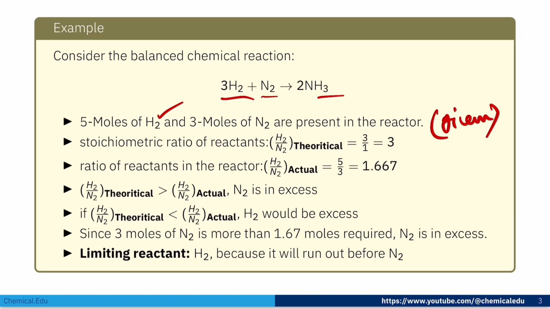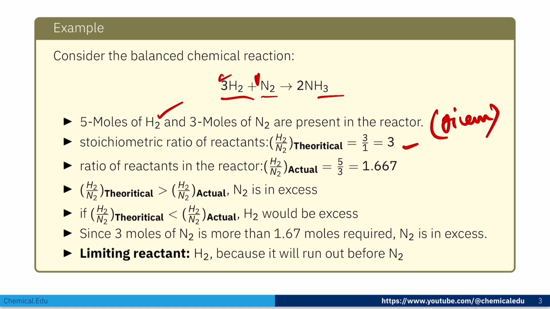Now, if we calculate the stoichiometric ratio of the reactants, hydrogen and nitrogen, this is the stoichiometric amount. So, H2 by N2 theoretical will be 3 by 1, so that is 3. Now, the ratio of the reactants in the reactor, H2 by N2 actual, will be 5 by 3, that is 1.667.